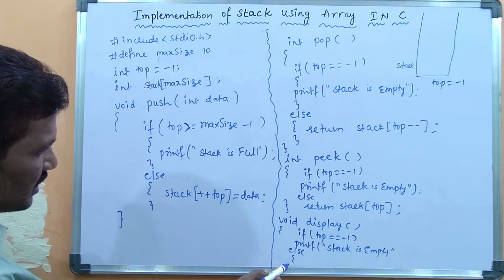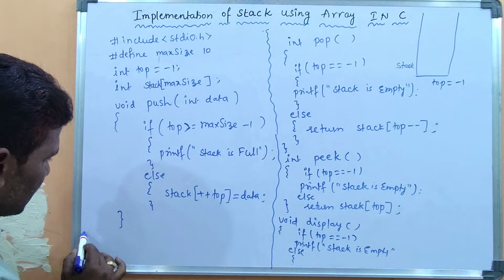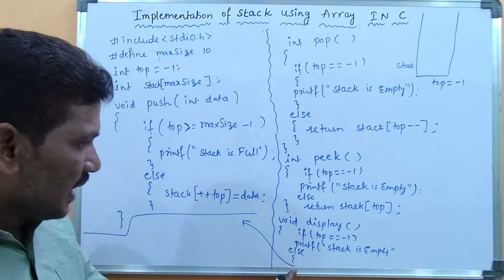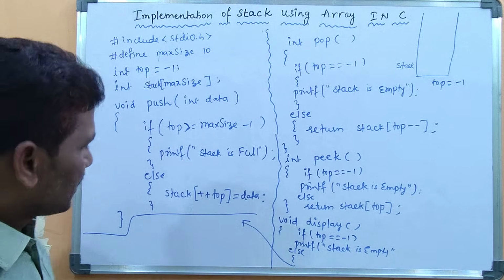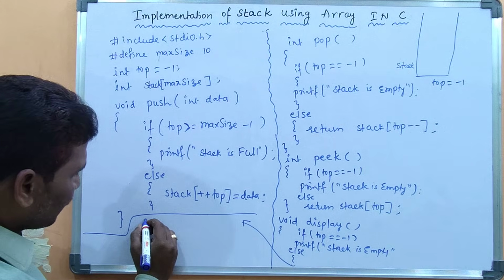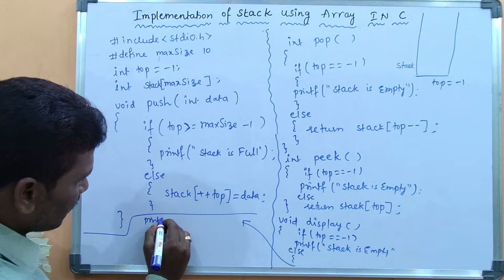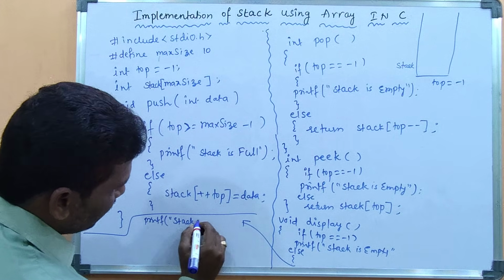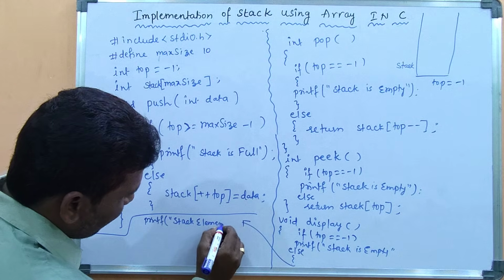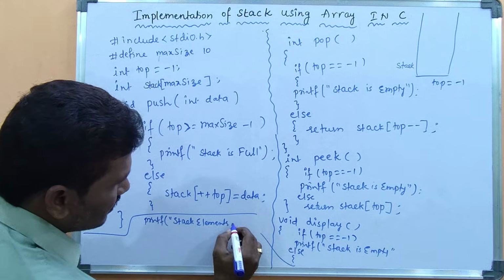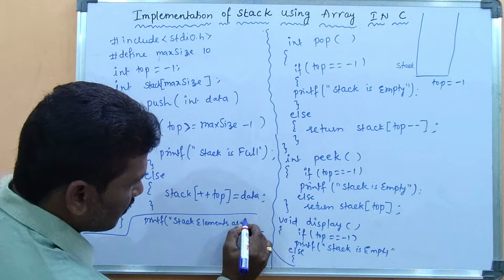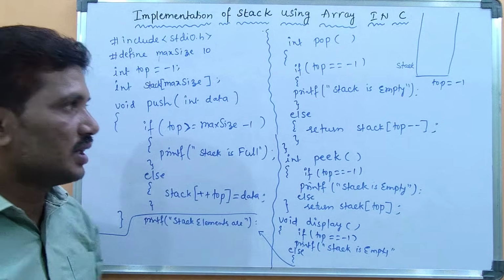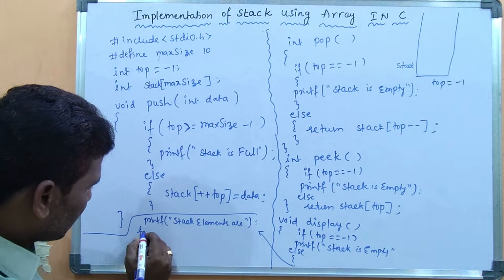I am writing the code here because there is space here. Else, you need to display all the elements from the stack. printf "stack elements are". Whenever data is inserted, you can display all the elements.